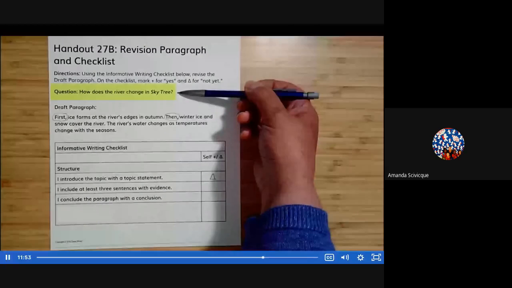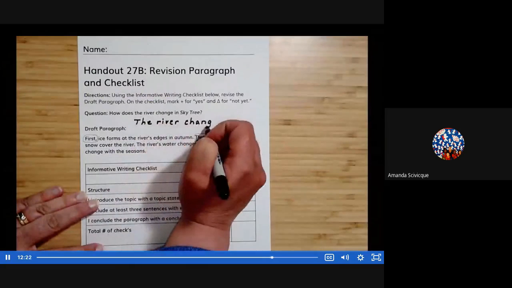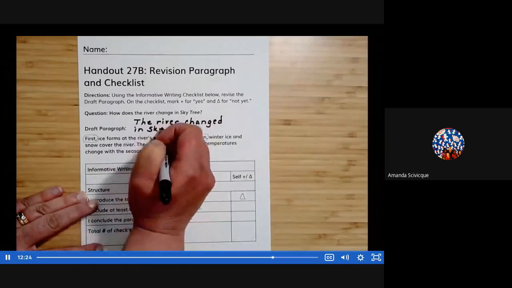That question tells me that I need to describe in my paragraph how the river changes in Skytree. So my topic statement needs to be very similar to that big idea that the river is changing in Skytree. My topic statement could be, the river changed in Skytree.